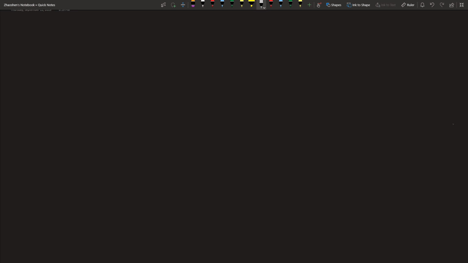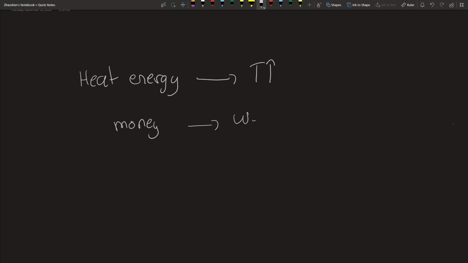We end this part of the session by saying that we always need heat energy to increase temperature, like we said with money and wealth. So now we move on to the actual difficulties of the chapter.